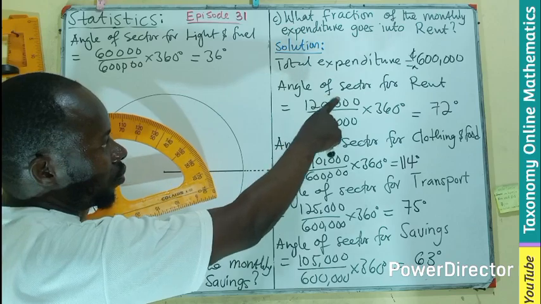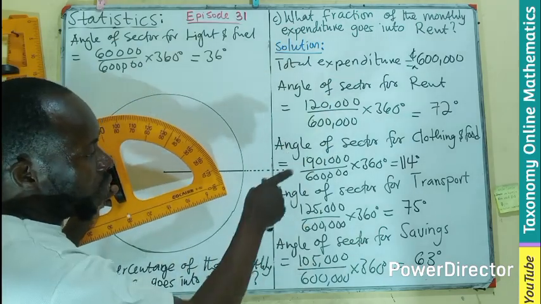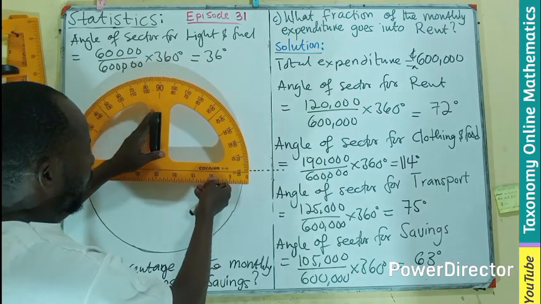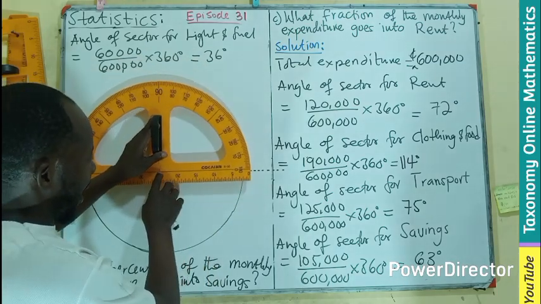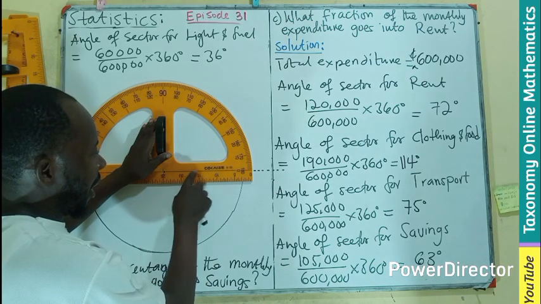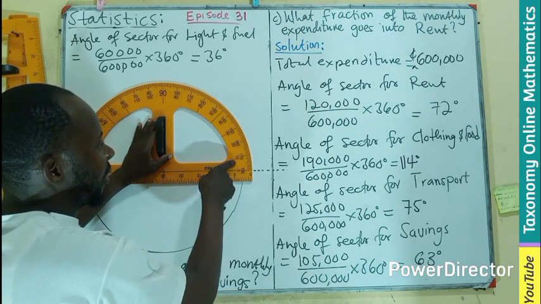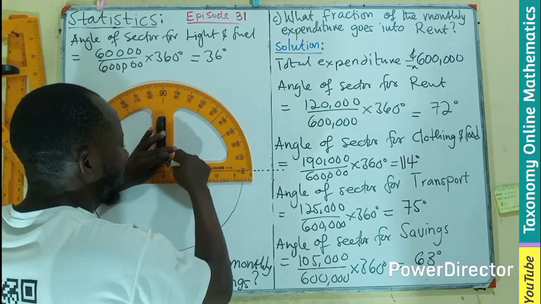So I'm looking through the angles I have. The biggest one is 114. So I'm going to put the center here at the center of the circle, making this black line lie on the radius. Then I read from 0 to 114.